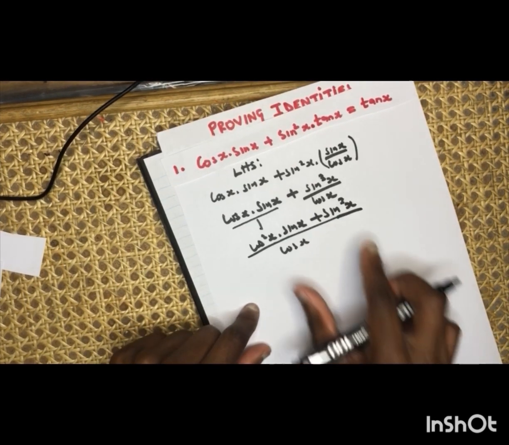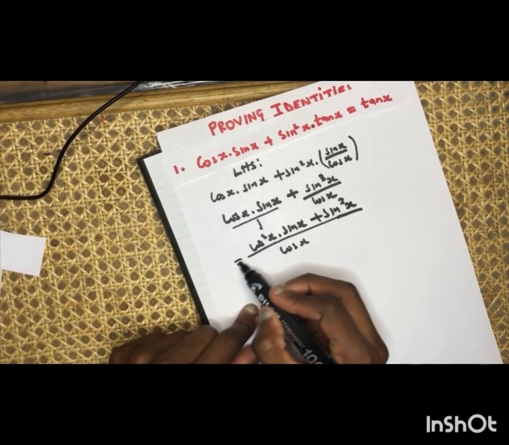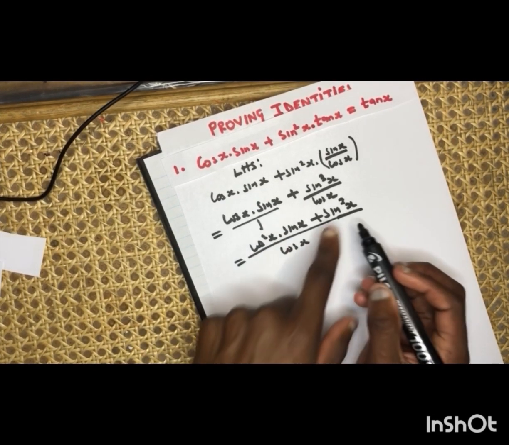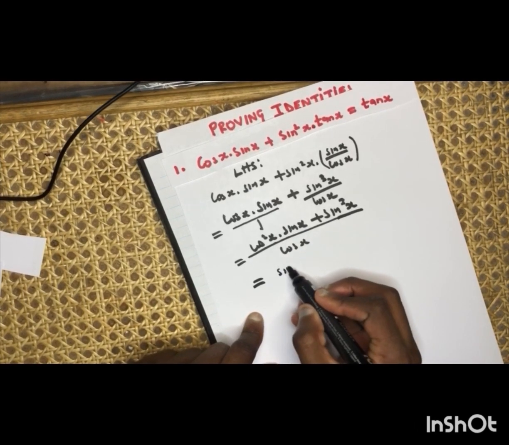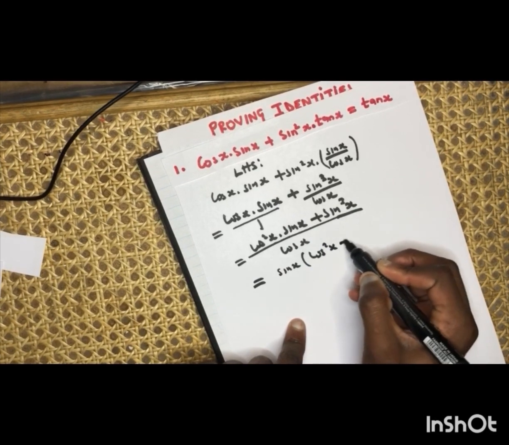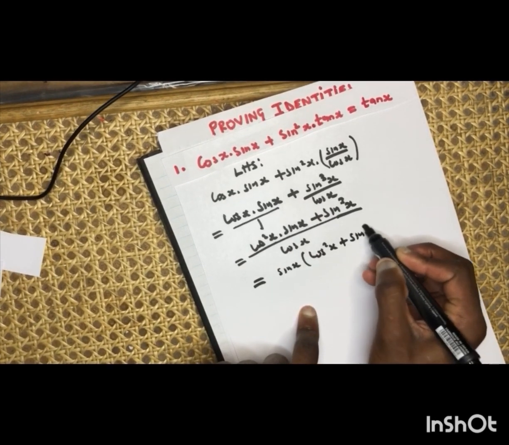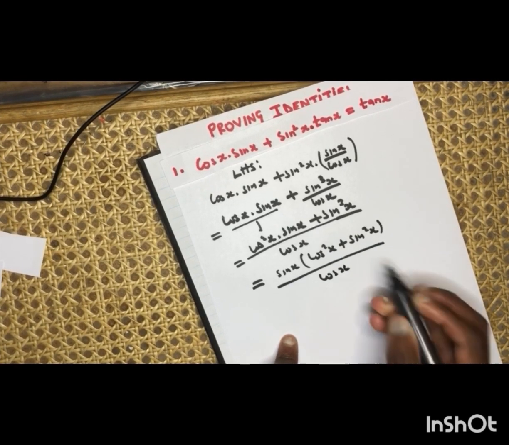Understand? Here we need to take out what is common. In your numerator, sin x is common. If you take sin x outside, you're going to have cos squared x plus sin squared x all over cos x.